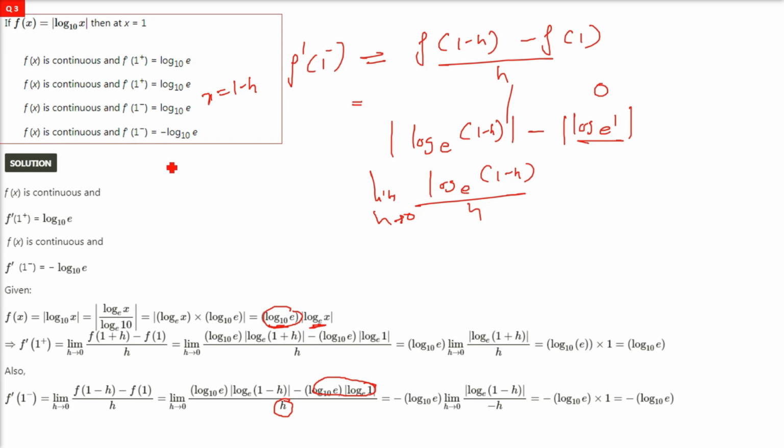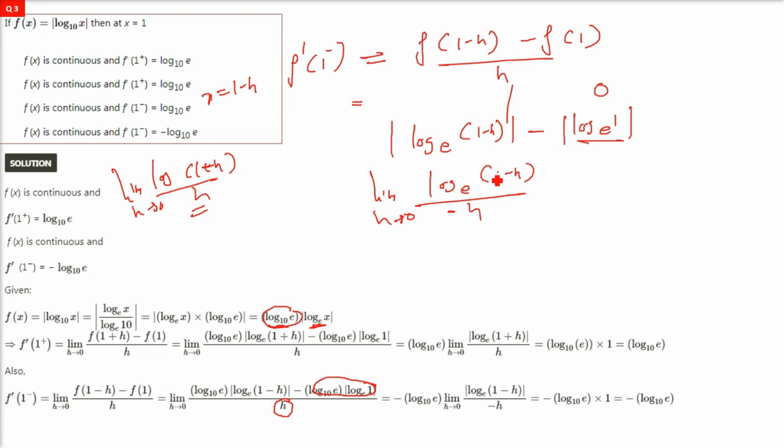I hope you got the idea. We need to get log(1 plus h) divided by h, and the limit h tends to 0 is going to be 1. But since we don't have 1 plus h in the numerator, we need to use a trick. The trick is that you can write the numerator as log base e of (1 plus minus h), and the denominator as minus h.